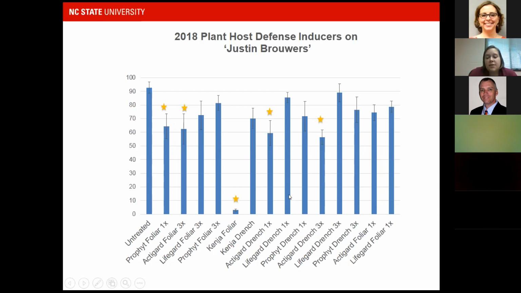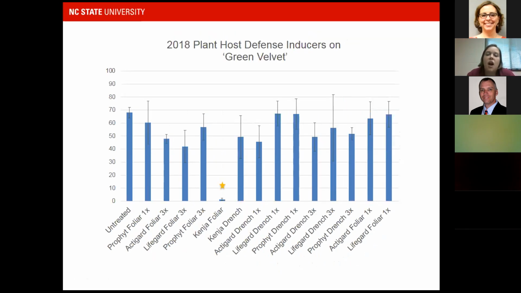But as you can tell from this graph here, still conventional fungicide, Kenja here, provides much more control of the disease than some of these other products. And then if we look at the same trial on the green velvet, which is a less susceptible variety, the thing to note here is overall we have less disease; we don't see as high of incidence of disease.